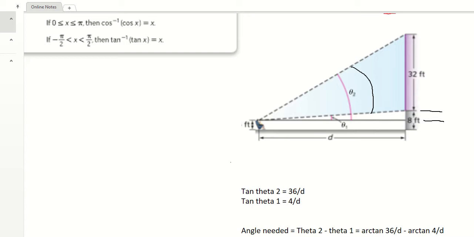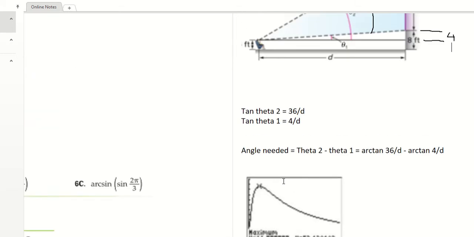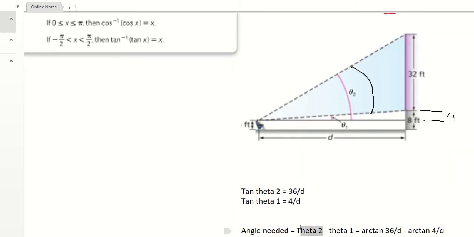Theta 2 is simple. It is tan inverse of, in this case I think it's 4. So 32 plus 4 is 36 on y, and x is d. So 36 divided by d is equal to tan theta 2, or theta 2 angle is equal to tan inverse.